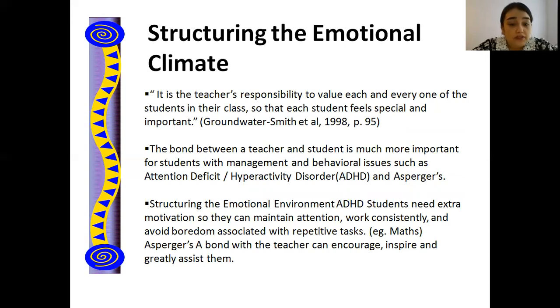And the bond between a teacher and student is much more important for students with management and behavioral issues such as attention deficit hyperactivity disorder and Asperger's. In structuring the emotional environment, students need extra motivation so they can maintain attention, work consistently, and avoid boredom associated with repetitive tasks.